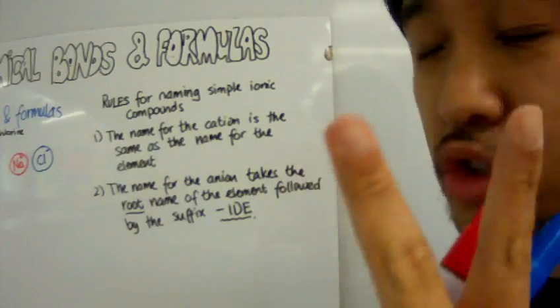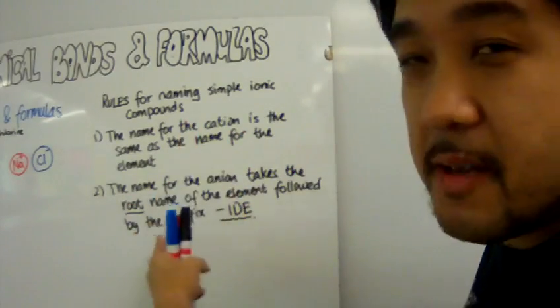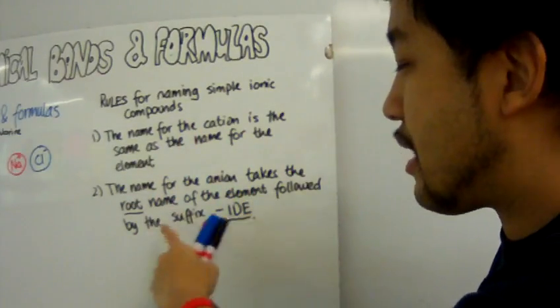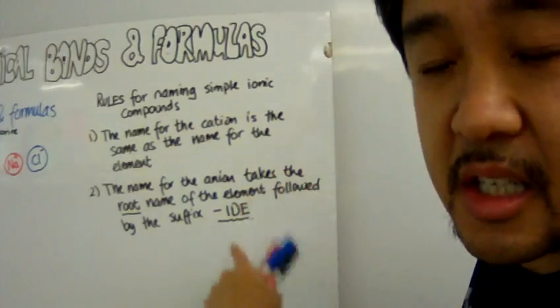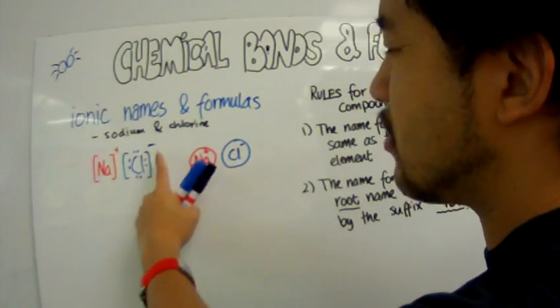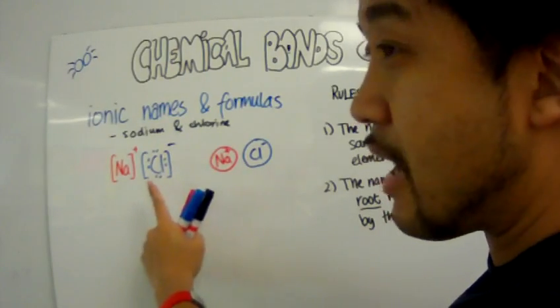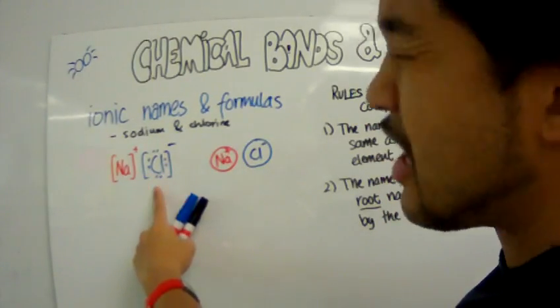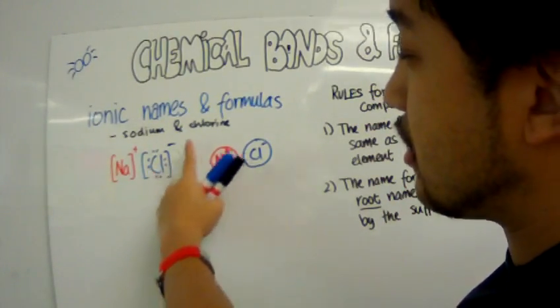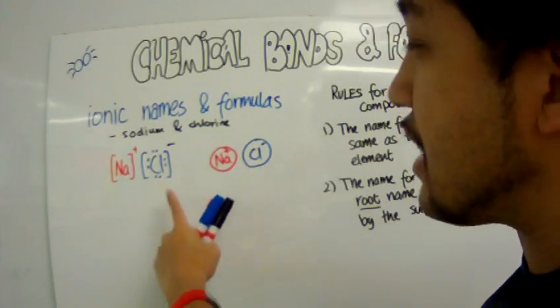Rule number 2. The name of the anion takes the root name of the element followed by the suffix IDE. Alright, so for example, this chlorine here is now an ion, an anion. So the anion part of the name will take the root name of chlorine, which is chlor, followed by the suffix IDE.